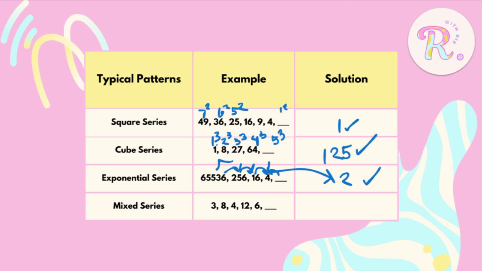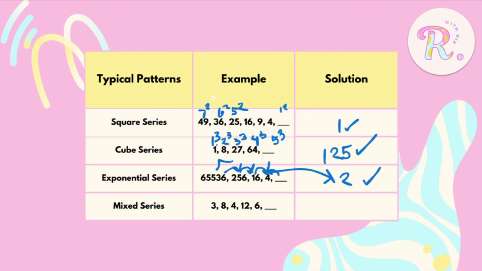Lastly, we have here our mixed series. This is the ultimate combo. So it includes every series or pattern that we've discussed. It could have arithmetic, geometric, exponential, alternating, or Fibonacci.